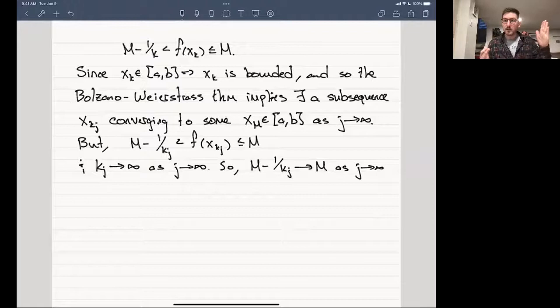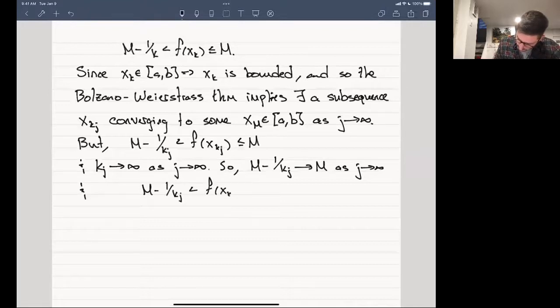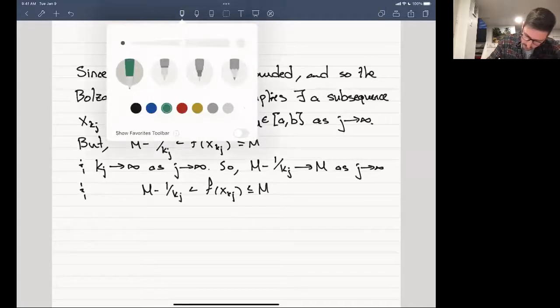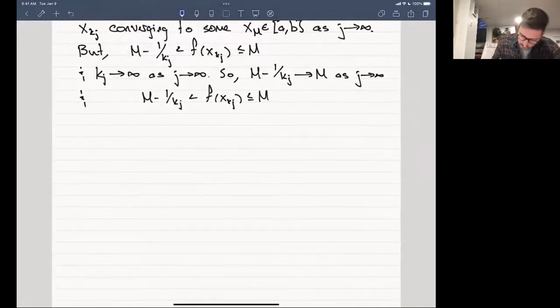So the lower bound is coming up, and f of x_{k_j} approaches, well, actually, let's write it all out. We have M minus 1 over k_j, which is less than f of x_{k_j}, which is less than or equal to M. Let's draw this out in terms of all of the convergence here.